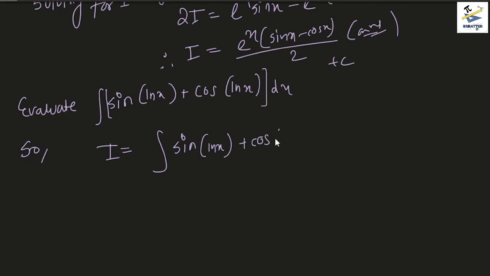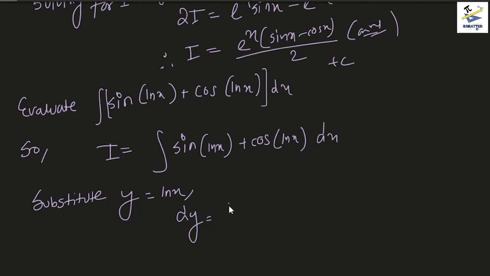plus cosine of log x dx, and substitute y equals to log x, which will give us dy equals to 1 by x dx, right?